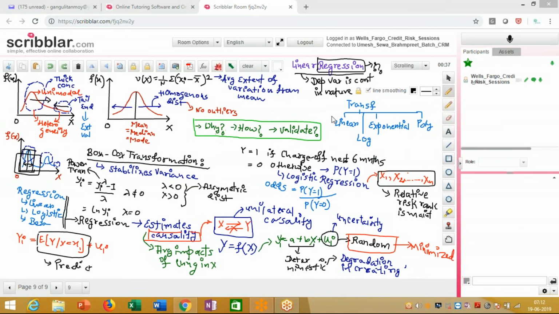On the other hand, I'm trying to find out in an alternate manner how I would estimate the LGD. The LGD can be estimated by estimating the recovery rate. I first estimate the recovery, from the recovery I estimate the recovery rate, and 1 minus the recovery rate becomes my LGD.